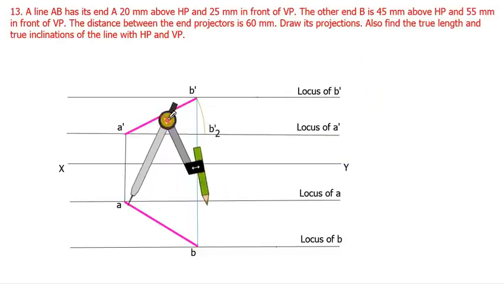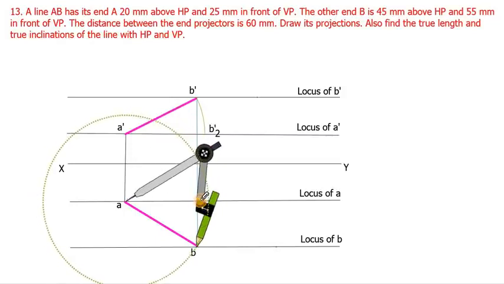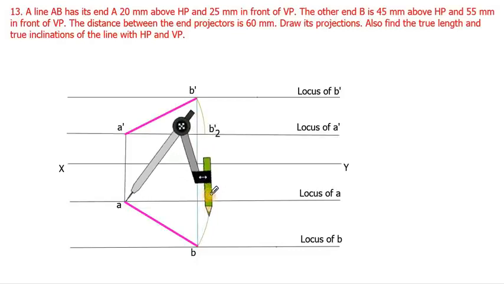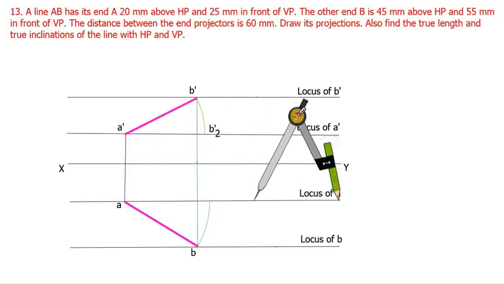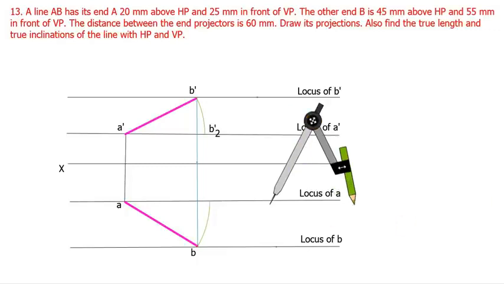Similarly, draw the arc taking AB as distance, towards upward up to the locus of A. So this point gives B1. Then draw a straight vertical line from B1 up to the locus of B dash to get B1 dash.